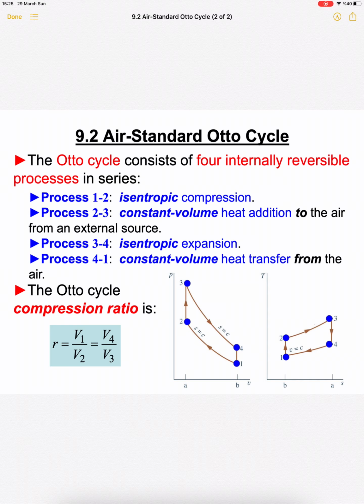As you know, the Otto cycle, which is the cycle for our internal combustion engines, consists of 4 internally reversible processes, and the first one is the isentropic compression as you go from 1 to 2, and then constant volume heat addition, isentropic expansion from 3 to 4, and constant volume heat transfer from the air. So please take a look at these slides.